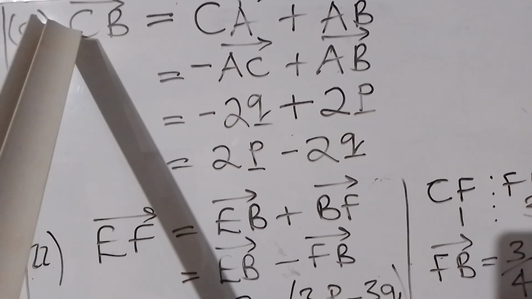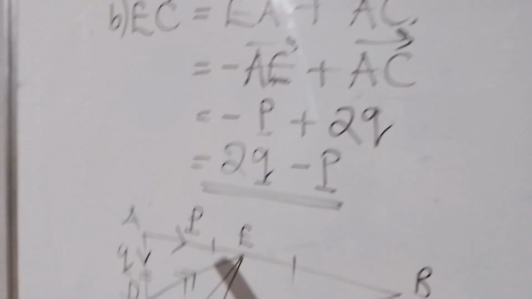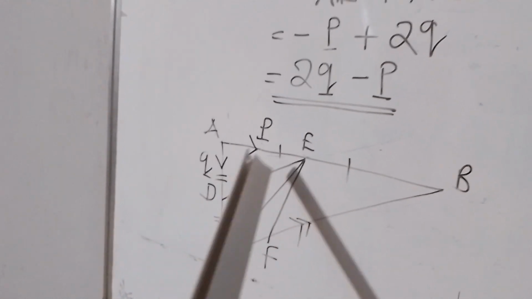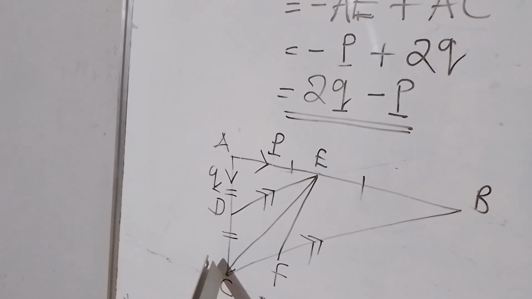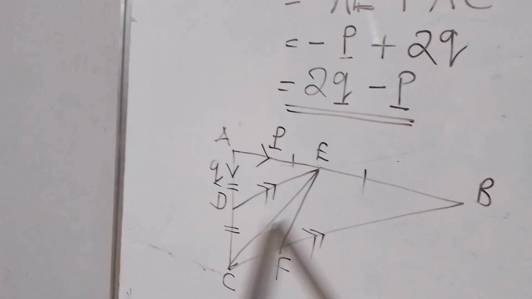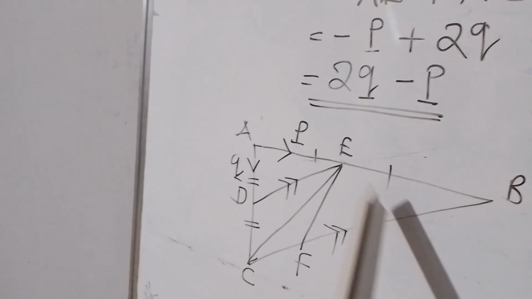We are moving from the point C to B. So when we get back to our diagram here, you are going to see that we are going to move from the point C. Now, we can't move directly from C to B, because for vectors, we have to use longer routes.